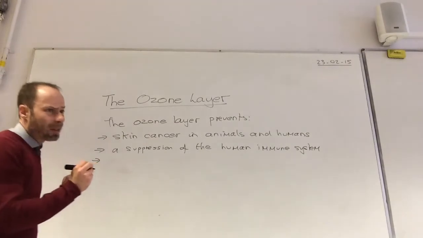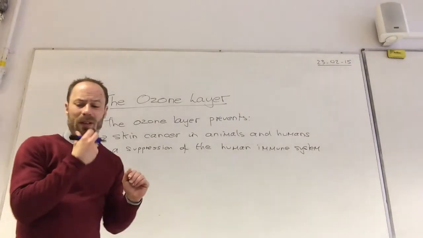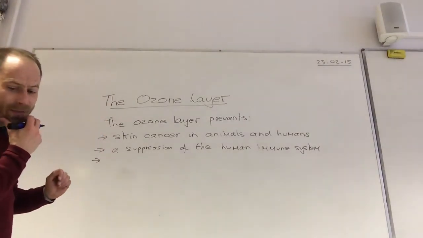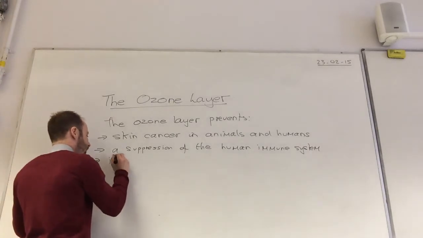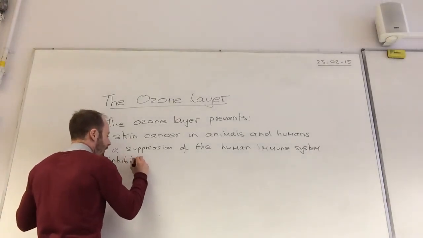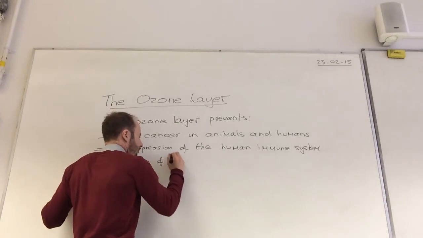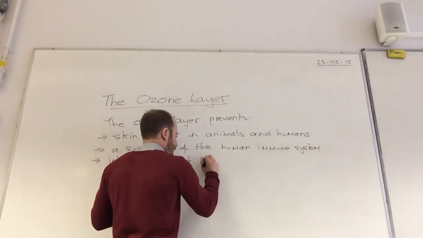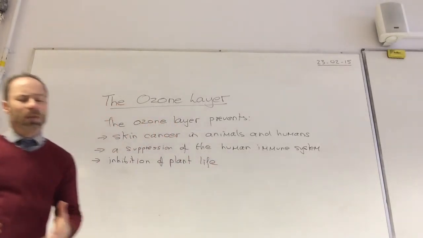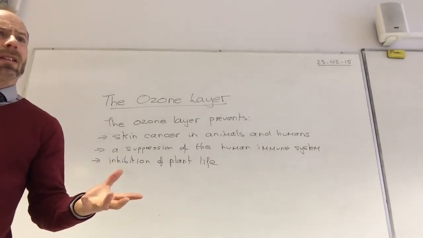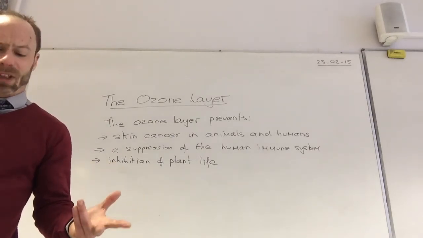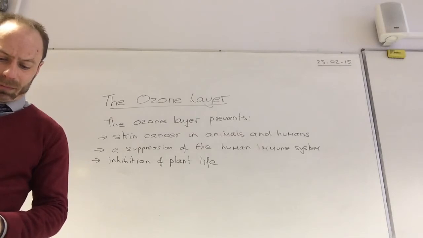Plants don't really like it much. Not great for little planties. So, inhibition of plant life, because obviously they haven't got any protection against it, and as it damages our cells, it would damage their cells as well.